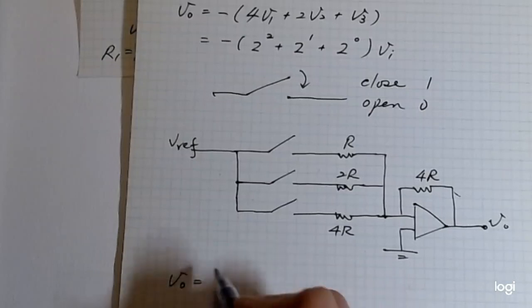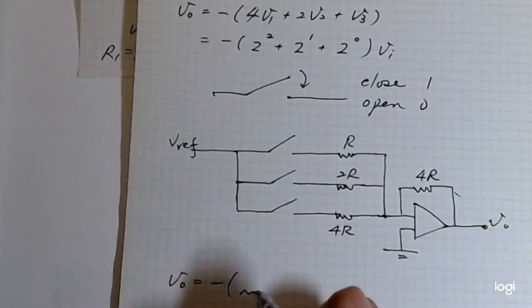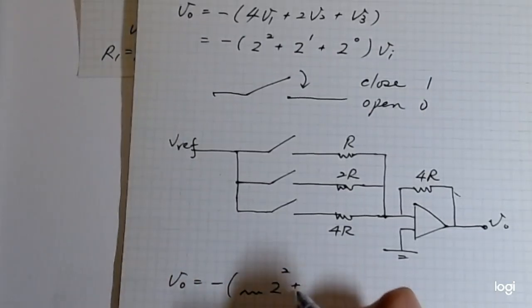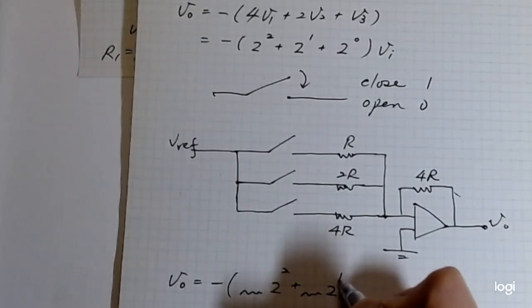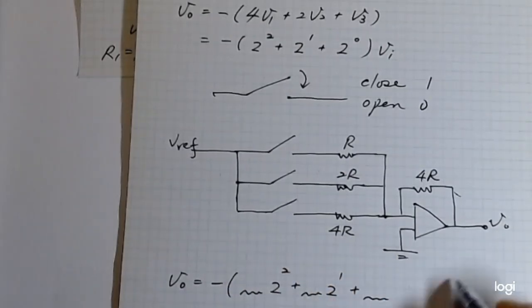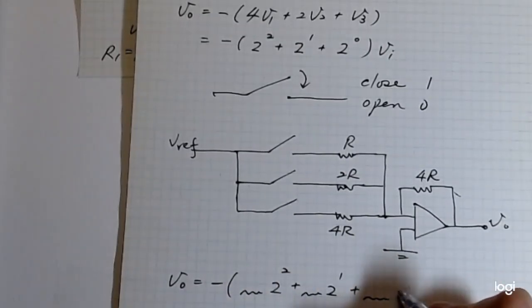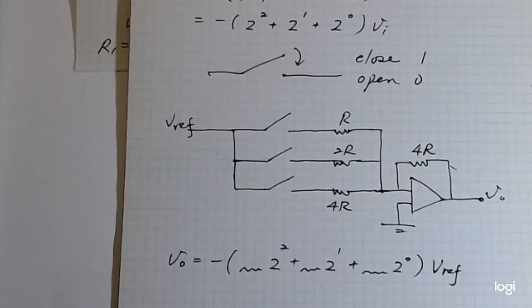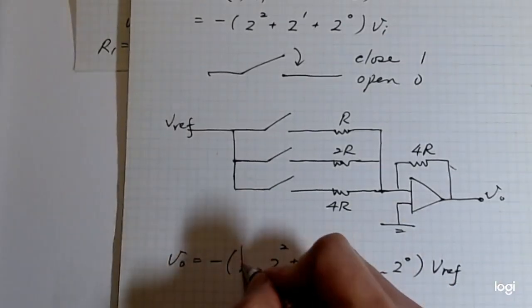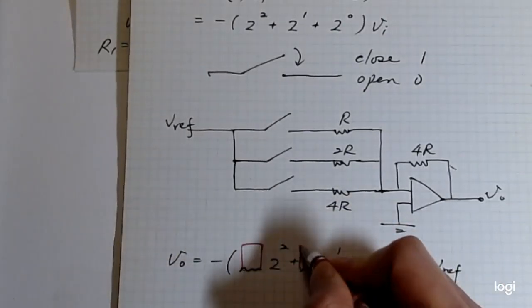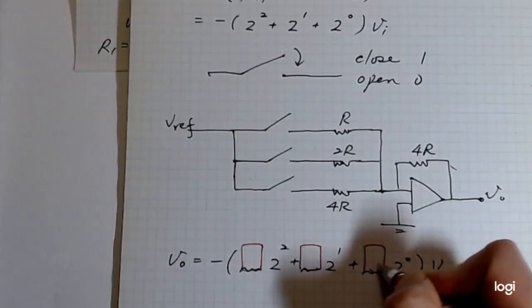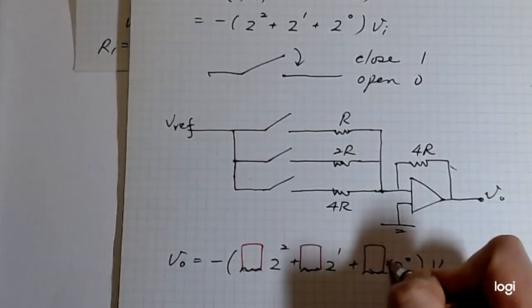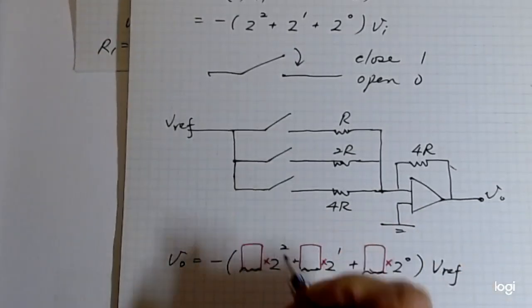VO will be equal to minus this times this.